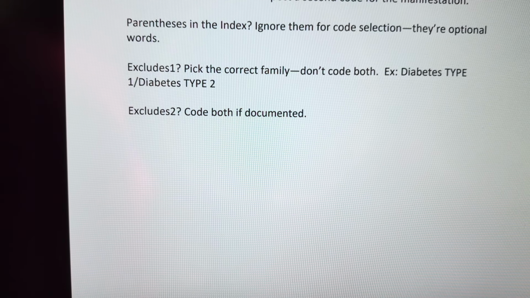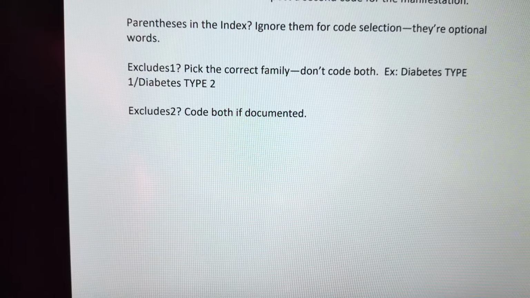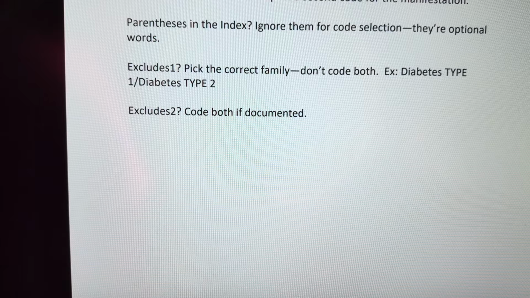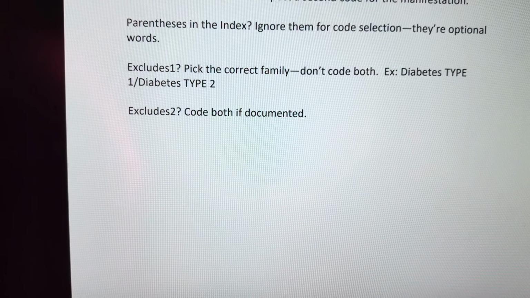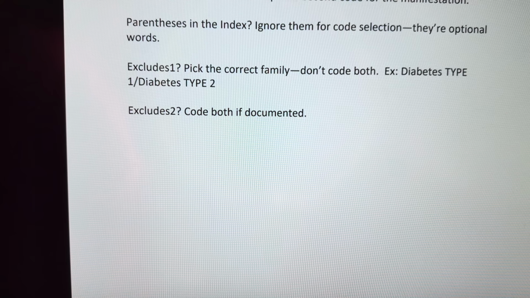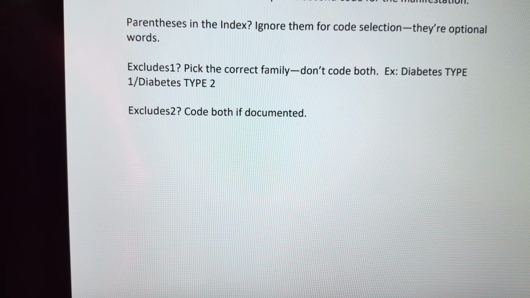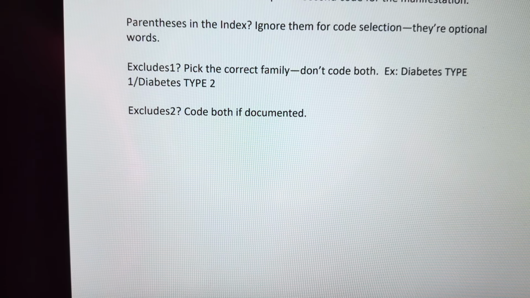So here's our checklist. Did the note get specific? If no, NOS. If yes, but no exact code exists, that's what NEC means, other specified. Do you see brackets in the index? Expect a second code for the manifestation. Do you see parentheses in the index? Ignore them for code selection. They are optional words.